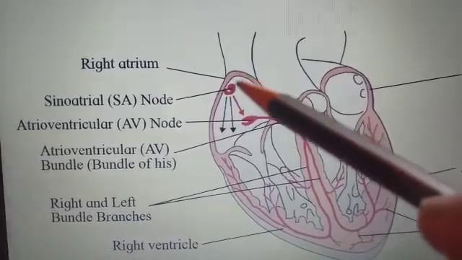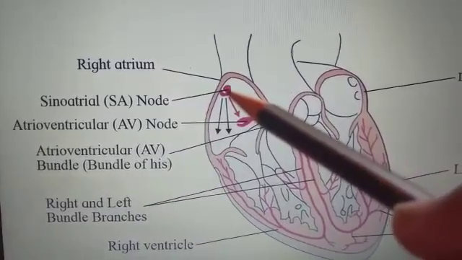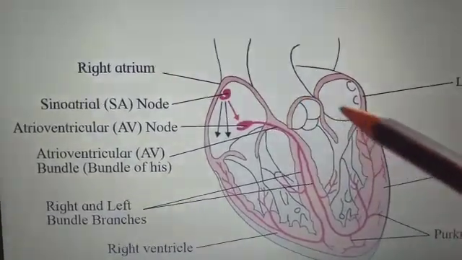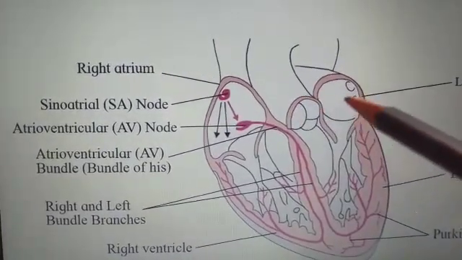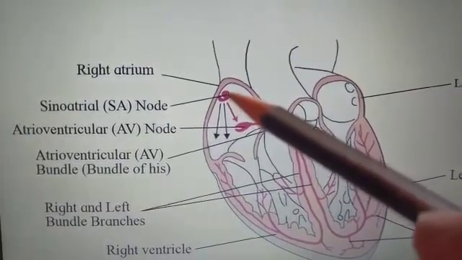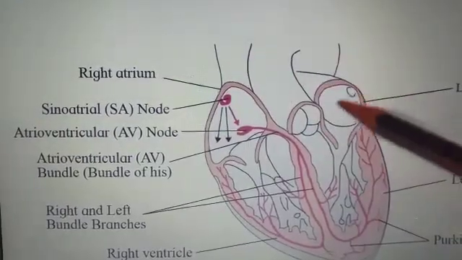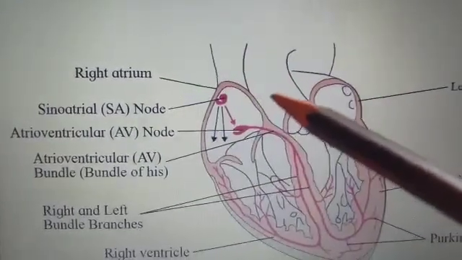First we discussed the SA node, which generates the impulse. Once the impulses are generated, they spread on the wall of the auricle. This one is the left auricle. The impulses are generated from the right auricle, and those impulses spread on the wall of the auricle.